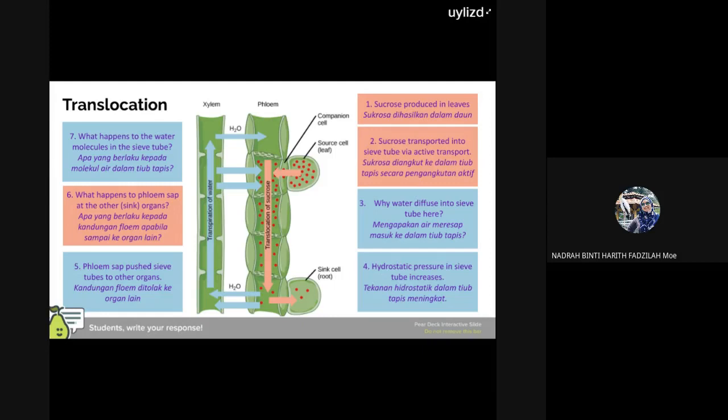When there is less sucrose in the sieve tube, now the sieve tube has less sucrose but a lot of water. Water potential in the sieve tube is very high. Therefore, water in the sieve tube will diffuse back into the xylem via osmosis.